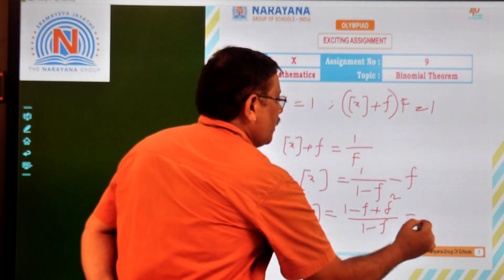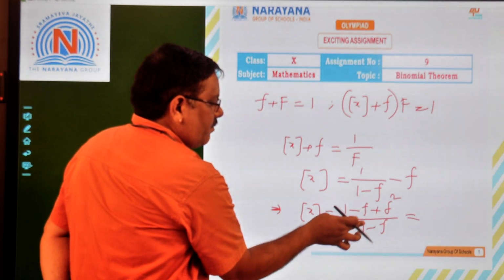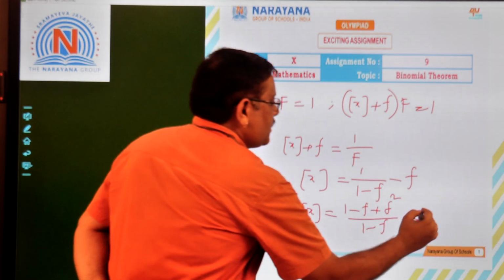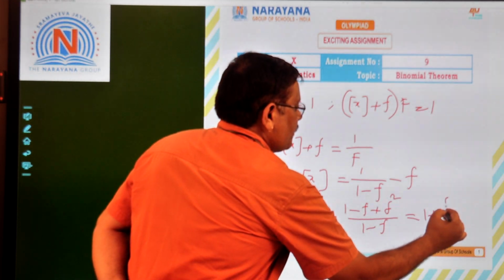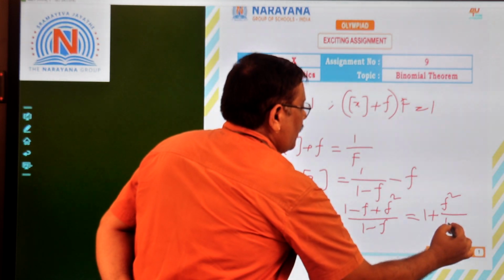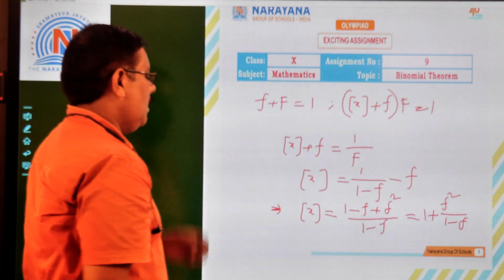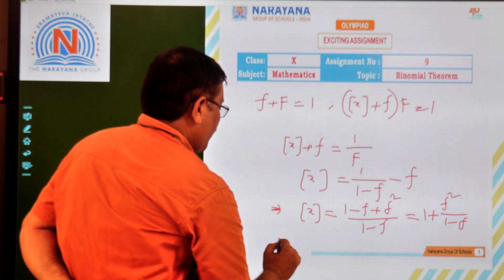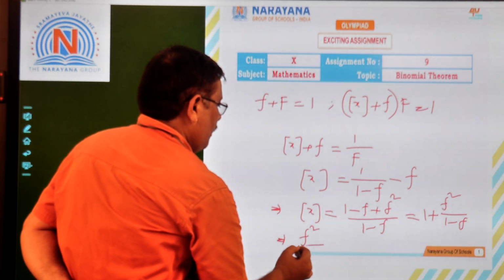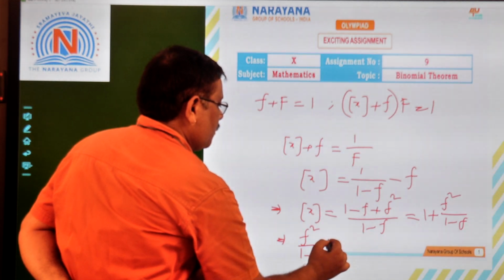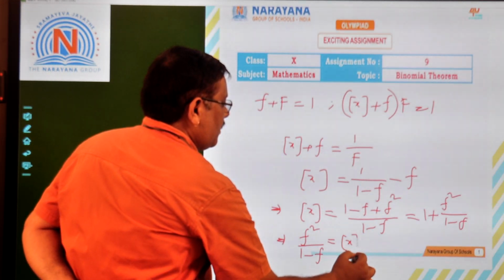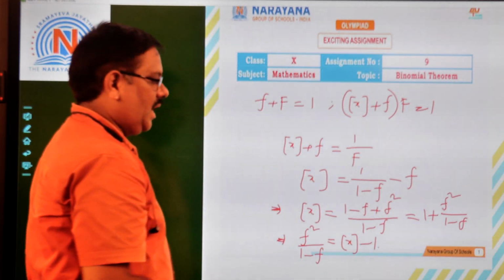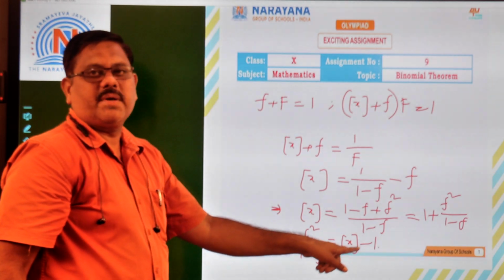Okay, that is going to be, if you split them, 1 minus f by 1 minus f is 1 plus f square by 1 minus f. Now we want f square by 1 minus f. That is going to be step x minus 1. We have f square by 1 minus f is step x minus 1.